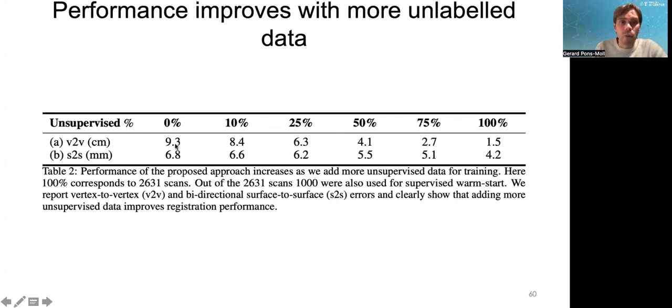And so you can see that the error decreases significantly, which means that by adding more and more data, the error keeps decreasing, although we're not using any additional labels. We're just using the raw scans to make this whole fitting process more and more accurate.